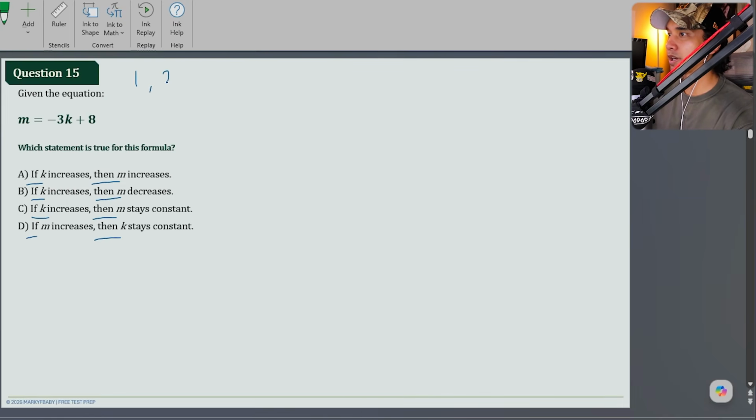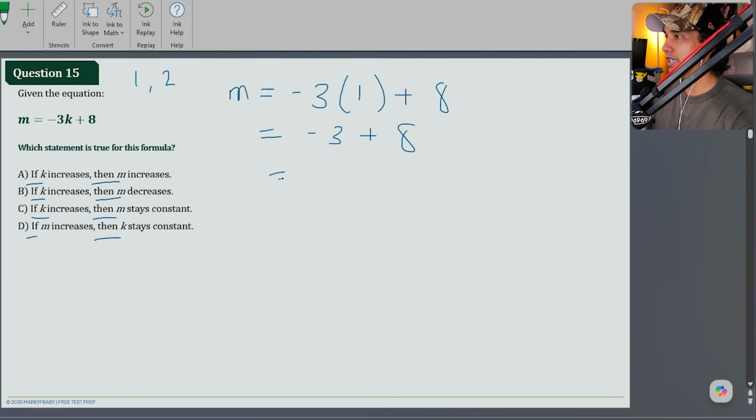And then I'm also going to choose 2, because we need to see what happens to m as we increase k. So m equals -3 times 1 plus 8 equals -3 plus 8 equals 5, right? Now let's go use 2.